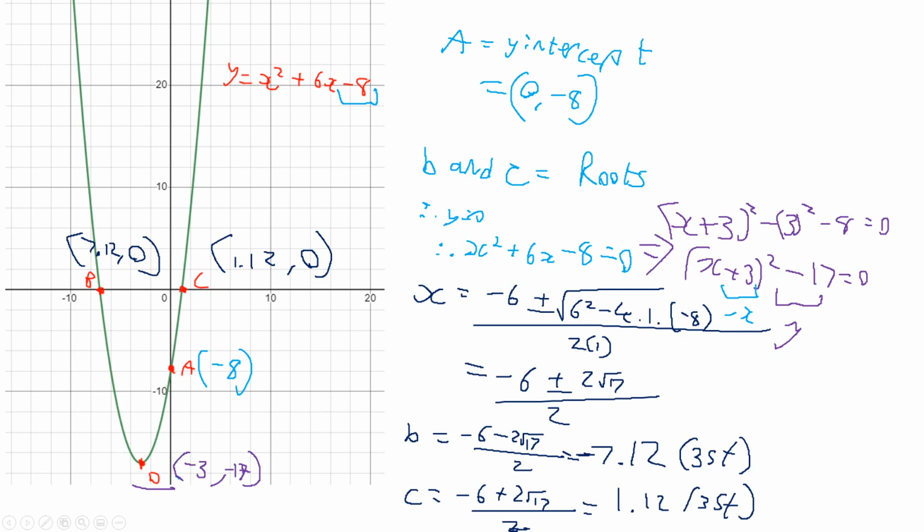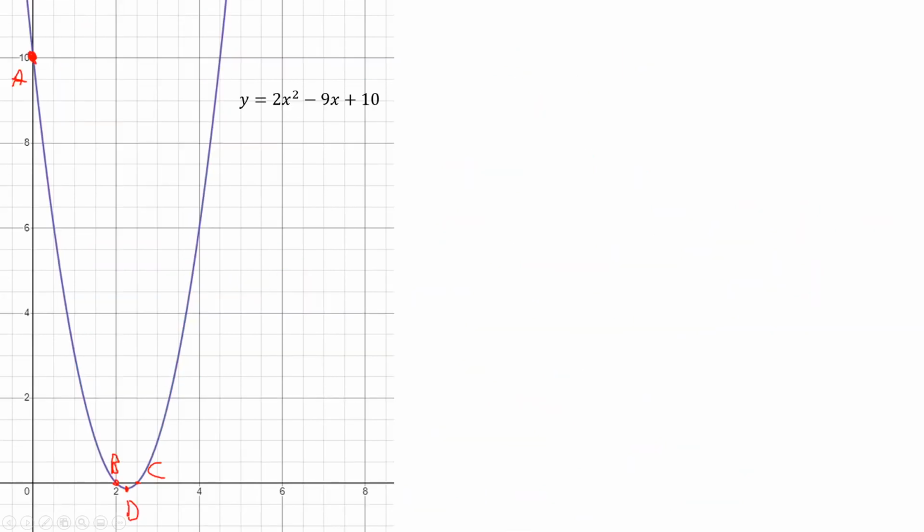We can also do this with an example like the one shown. For this one we're told y equals 2x squared minus 9x plus 10. What are the coordinates of all these points? Well, we know that this is going to be (0, 10), because this is the y-intercept.